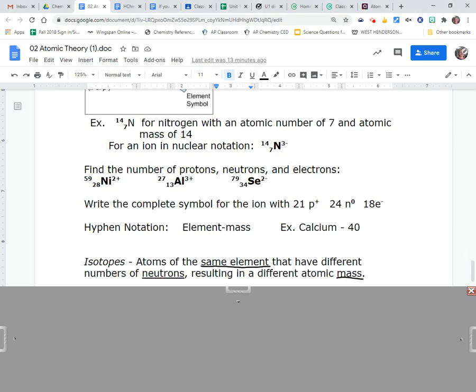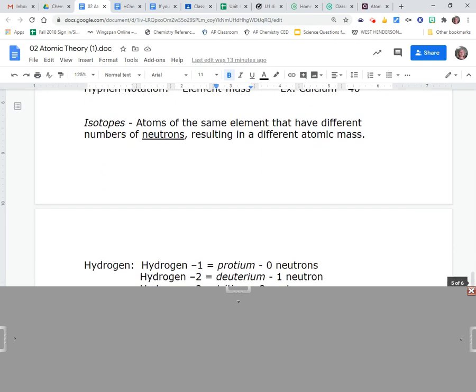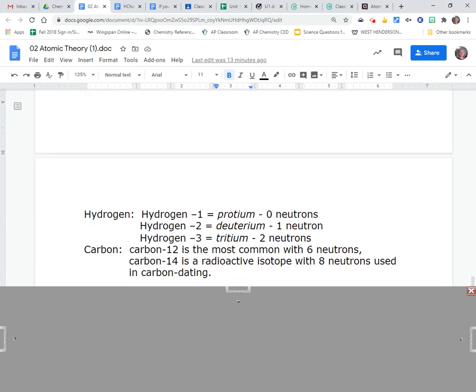All right, so there are a few isotopes that you probably already know. Well, there's at least one, and that's probably carbon. If I just look at the isotopes of carbon, I'm going to talk about two, carbon-12 and carbon-14.